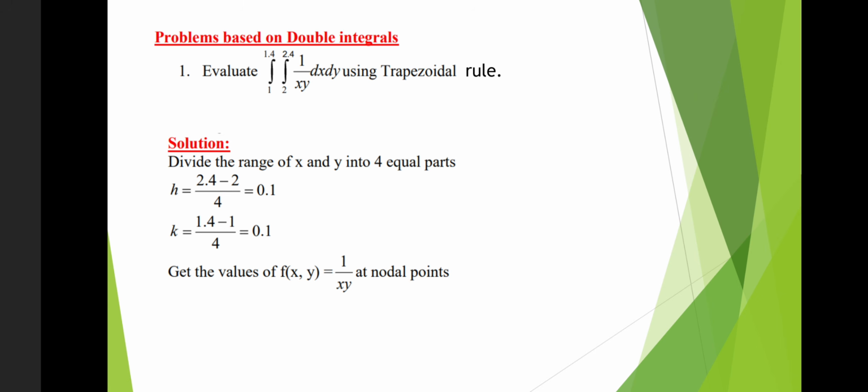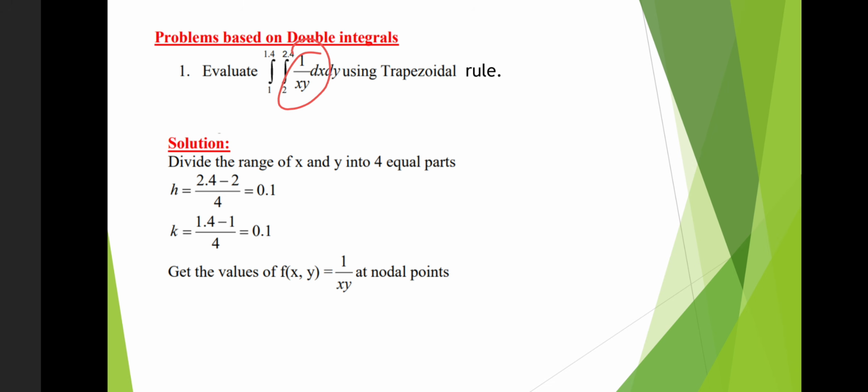The given function is f(x, y) equal to 1 by xy. Before applying the trapezoidal formula, we first divide both the x direction and the y direction into 4 equal parts. For the x direction, the interval is from 2 to 2.4.